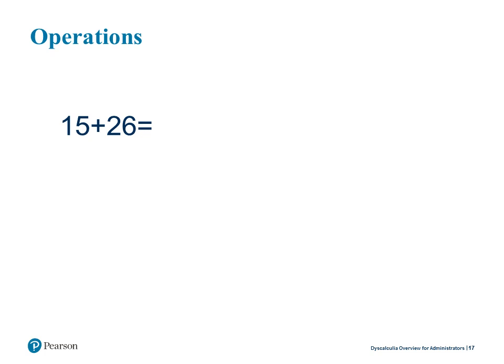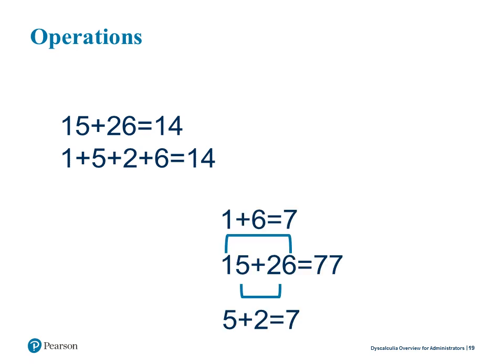And then we talk about operations, not knowing the operational order for equations. So in this first equation, the student might add each one of the numbers together to get 14. And with the second equation, perhaps they're going to do the outside numbers and then the inside numbers and add those together and get 77.